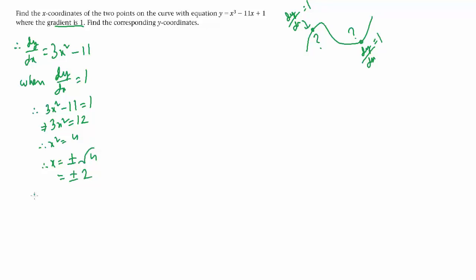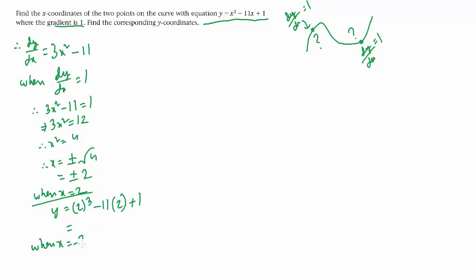So we have two values of x. One is x equals 2 and one is x equals minus 2. We have to find the corresponding values of y. So when x equals 2, y equals, remember this is dy by dx, this is y, so y equals 2 cubed minus 11 into 2 plus 1, that's going to give us the y value.